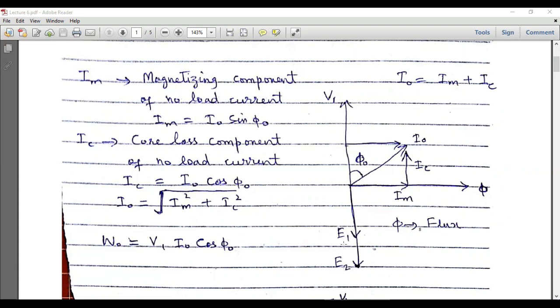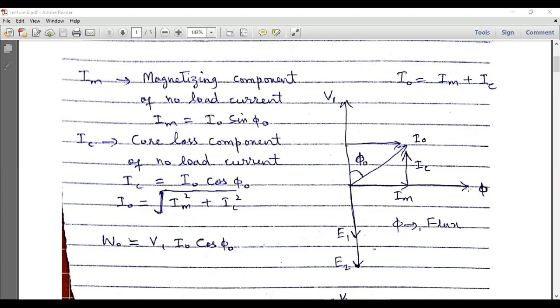Similarly, E2 will be in phase with the induced voltage at the primary, and the phasor of V2 will also be in phase with this E2. And this is the flux, and we know that flux always leads the induced voltage, which we already discussed in one of our previous lectures.